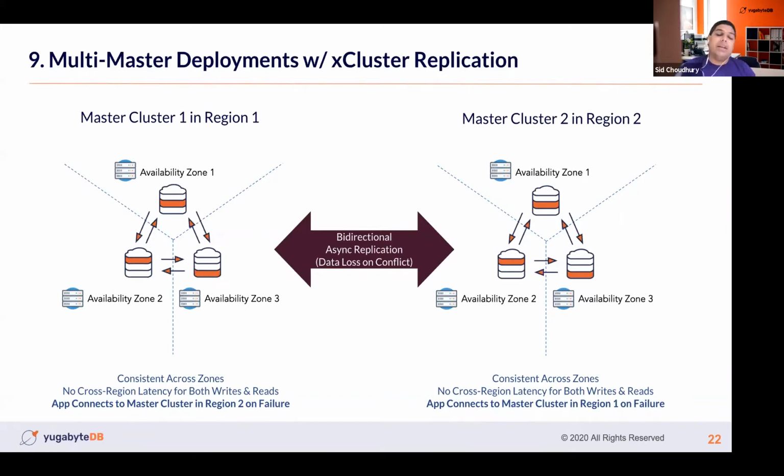But at the very minimum, you have the ability to architect your app in such a way that you deal with only part of the data in each of the regions, and use the second region only as a failover region when disaster strikes. So this is, I would say, a very powerful paradigm, right?